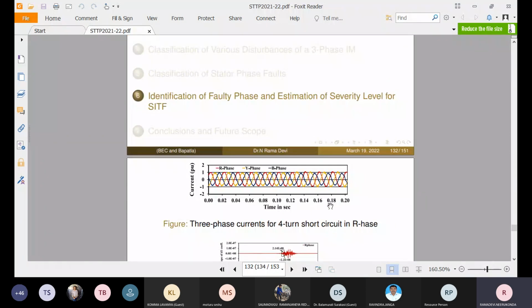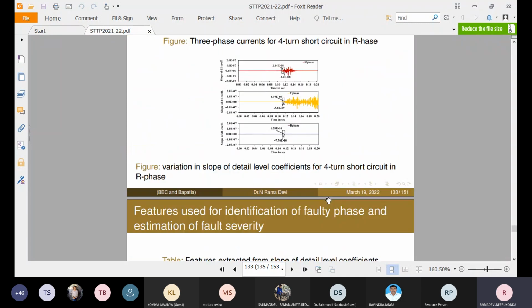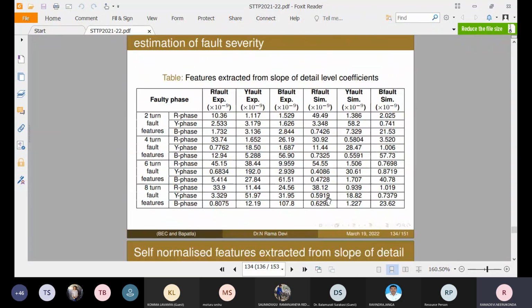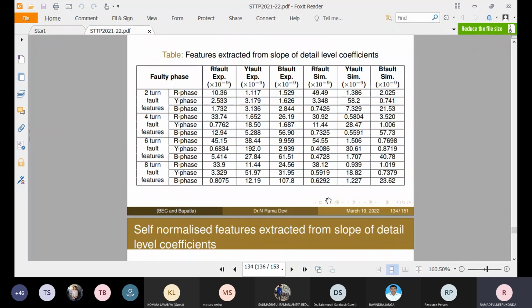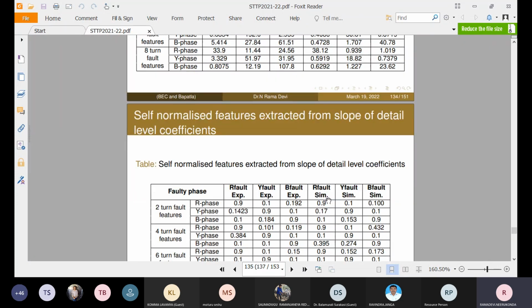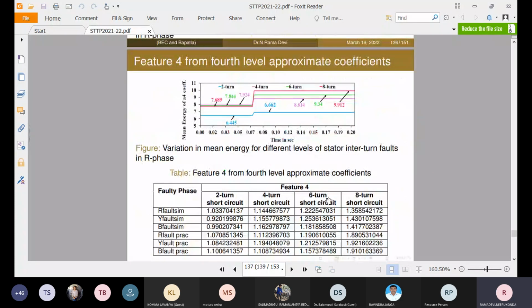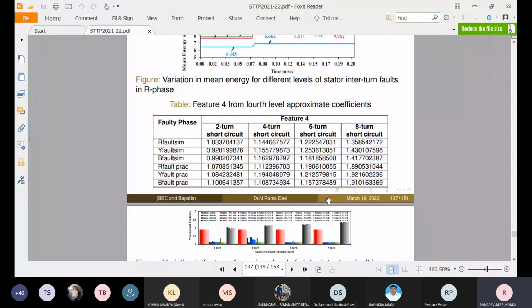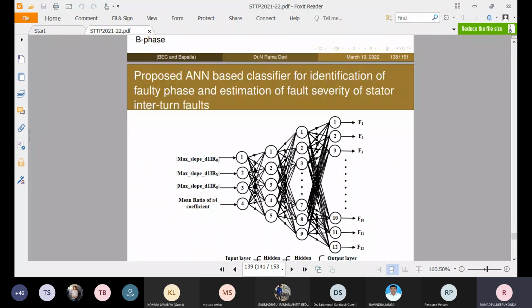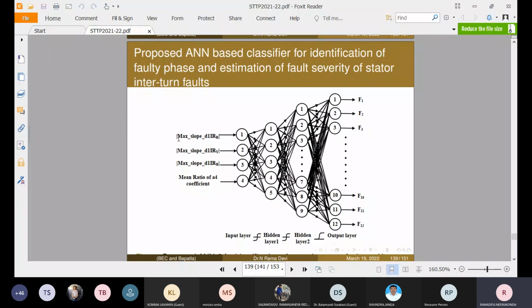Similarly, for identifying the faulty phase and estimating the severity level, we extracted features from the slope of detail level coefficients. We make use of that information and the mean energy values of different levels of stator interturn faults as the input features.